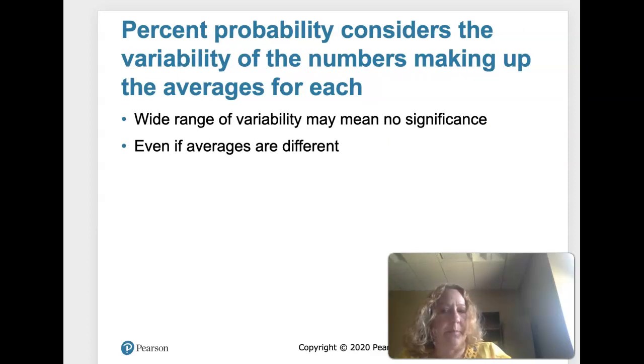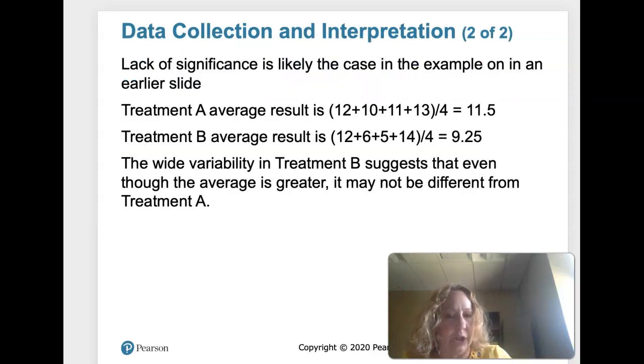So percent probability actually considers variability of the numbers and makes up for those averages, so you can see what kind of variability you have in the data. And ideally you want low variability. So you really don't want the 6, 5, 5, 14. That's high variable data.